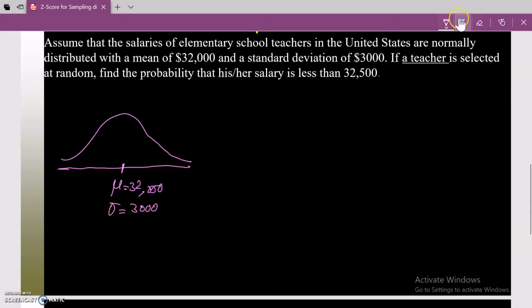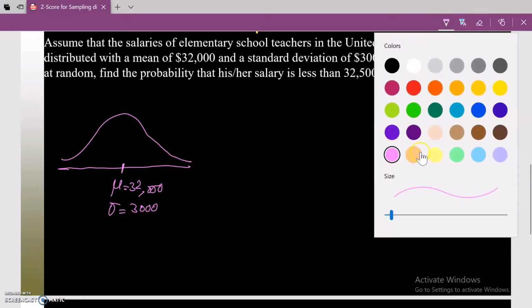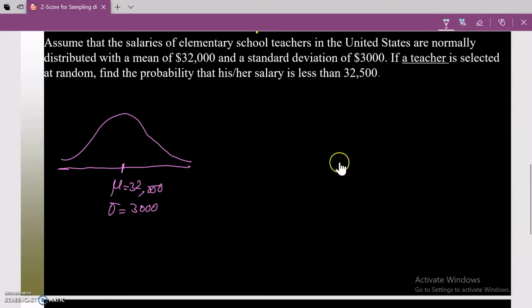Now what is the next step? The next step is you locate the value of your interest. The value of my interest is 32,500. So 32,500 will be somewhere here.